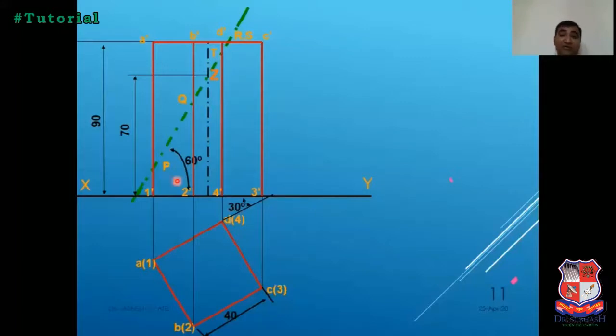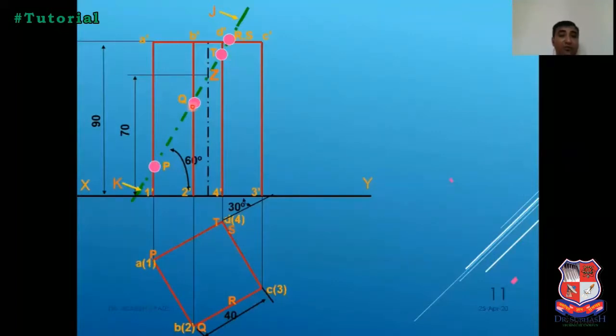Now project these points P, Q, R, S and T onto the top view. So now here the point P is on A dash 1 dash. So if you draw the projections, it has point A, right? These are the points P, Q, R, S and T. Now from here, point P is on A1, so point P will be here.